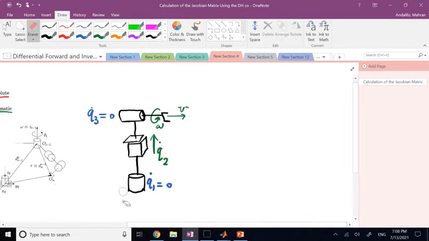Their angles are not changing. Okay, so if you lock those, in other words, make Q3 constant and Q1 constant, just move this prismatic up and down.